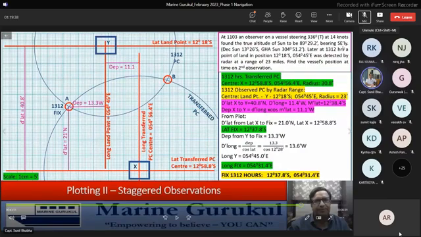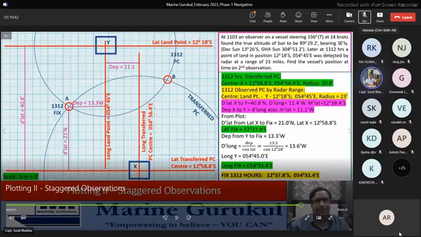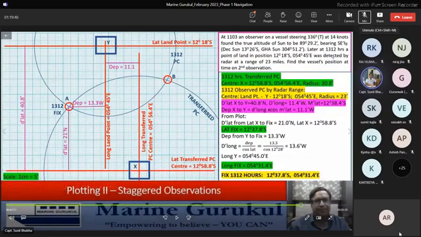So this method is not used in navigation. We do not use the azimuth of the body to draw a PL. So that's why we cannot use this, beta. Okay, beta, got it? Yes. Right. Otherwise you were thinking on the right lines. But we don't use it, principally, in navigation.